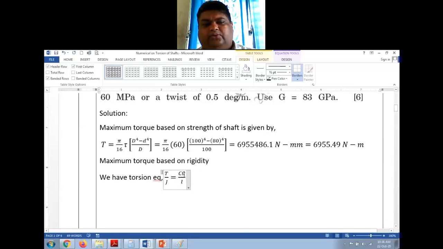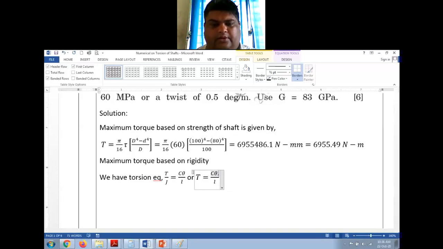T by J is equal to C theta by L, or T is equal to C theta into J by L, right?